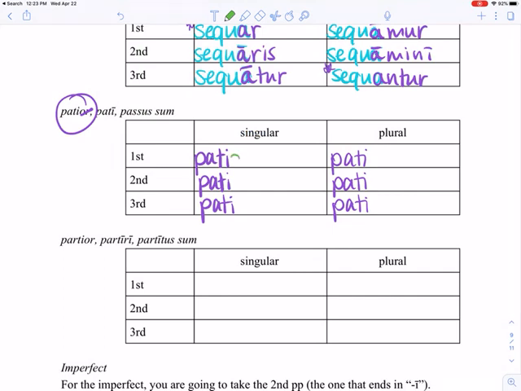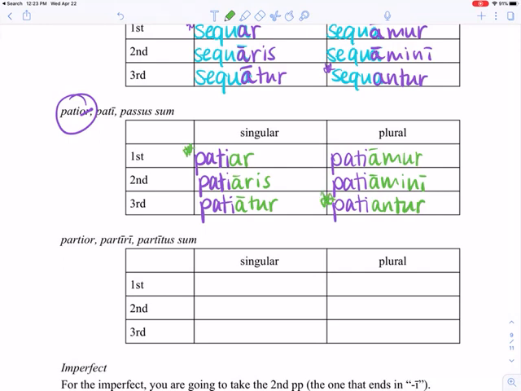Okay, we'll add R for first singular. We will add āris with a macron for second singular. Ātor with a macron for third singular. Āmor with a macron for first plural. Āmini with a macron for second plural. And antor, no macron for third plural.